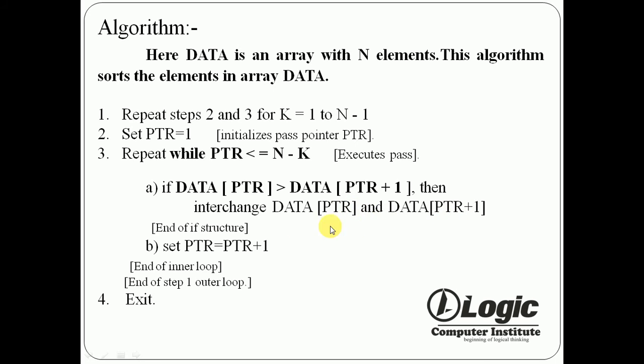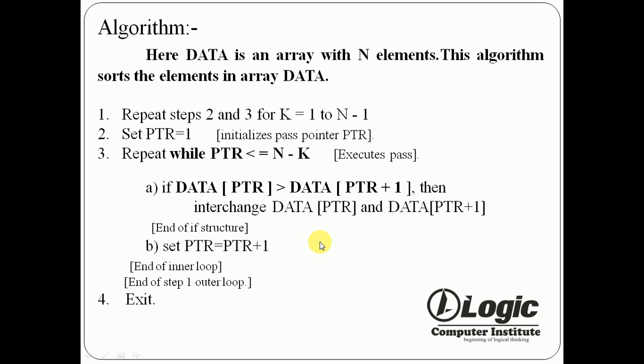This is the end of the if structure. It executes as long as the while condition is true. Then ptr is incremented, the condition is checked again and the if statement is executed again. After completion of this loop, we get the sorted list. This is the simple algorithm of bubble sort.